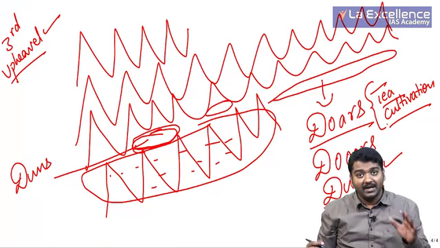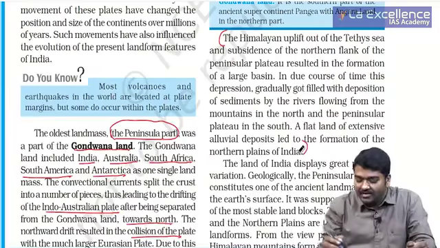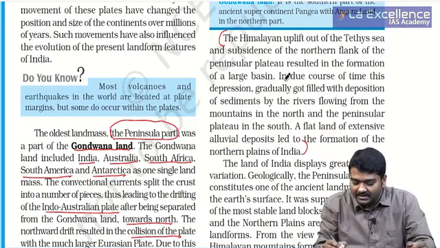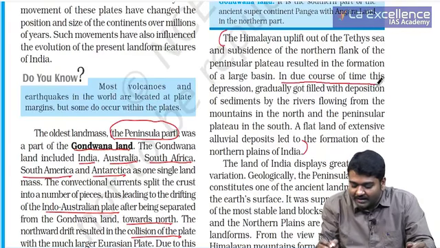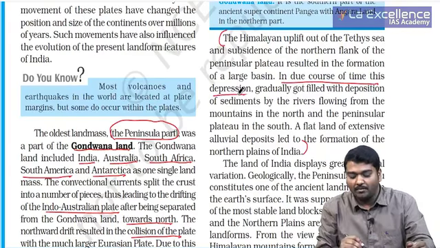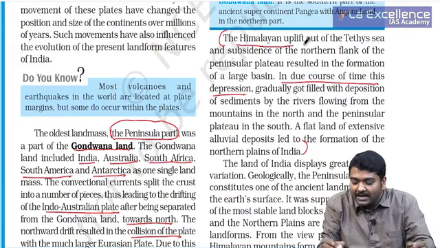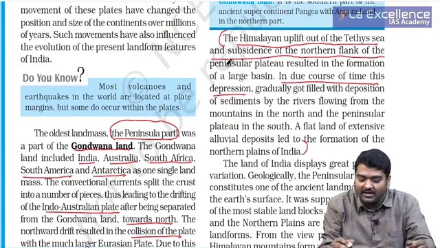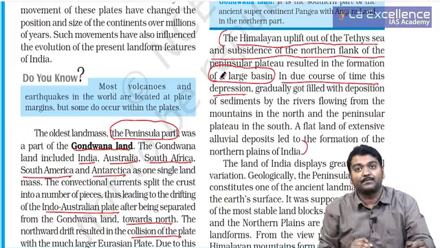If we are looking at this particular paragraph, they say that in due course of time, a depression was formed. Can you see this? The Himalayan uplift out of the Tethys Sea and subsidence of the northern flank created the formation of a large basin.